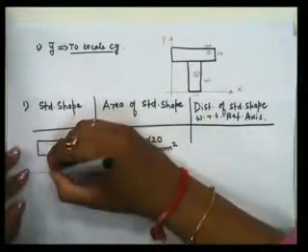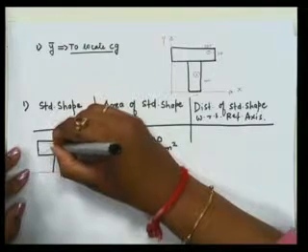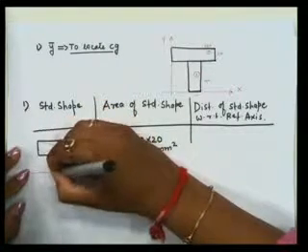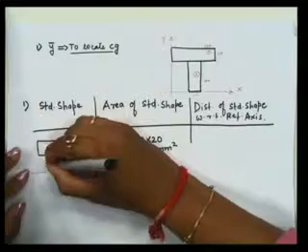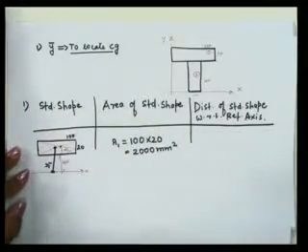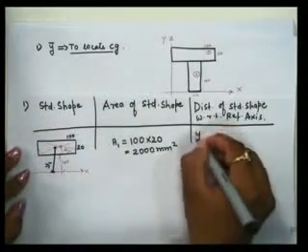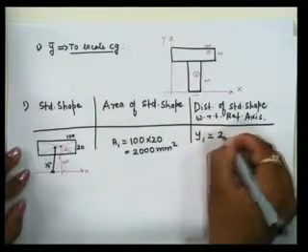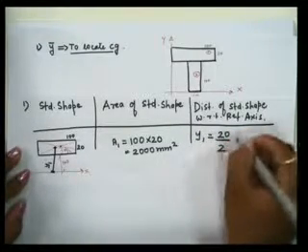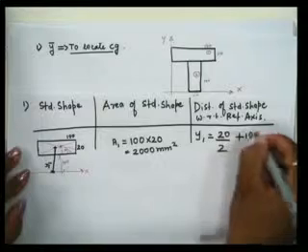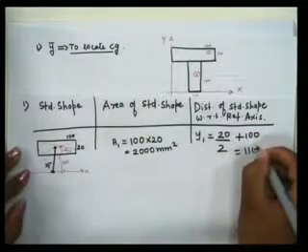So y1 is the distance with respect to the reference axis. This whole will be your y1. Okay, so y1, that is equal to 20 divided by 2 plus 100, that is equal to 110 mm.